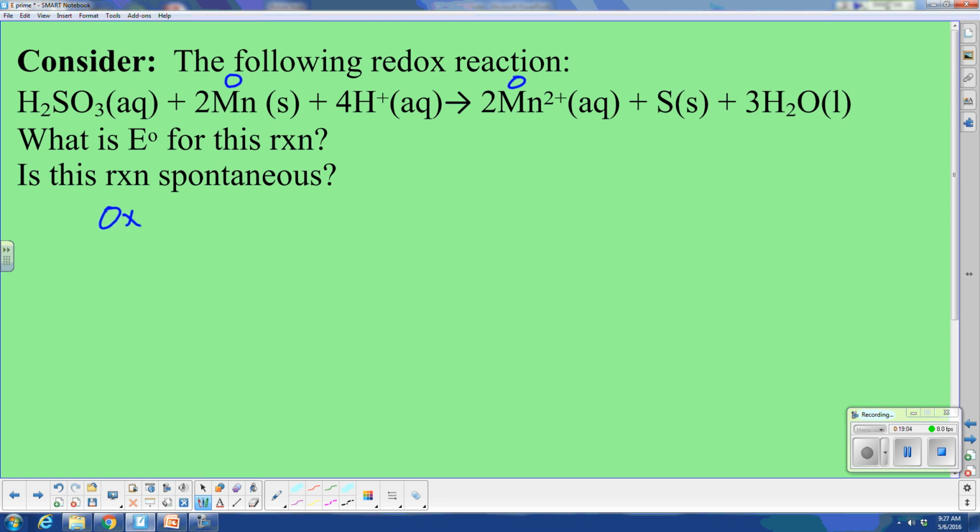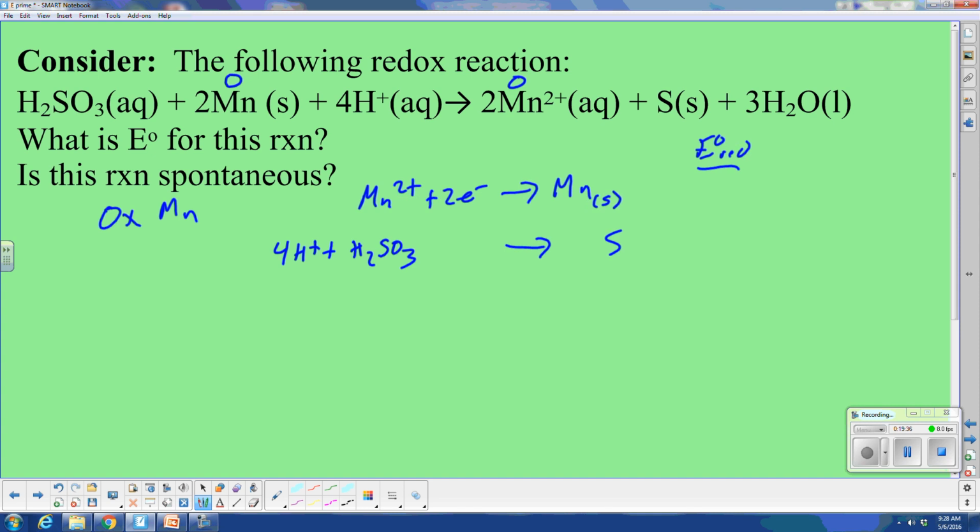So I have manganese oxidizing, and the reduction reaction is going to be manganese 2 plus plus 2 electrons going to form manganese solid, and I'm going to get some kind of reduction potential over here, right? The other one's a little more complicated. It looks like what's left is 4 H pluses plus H2SO3, and that is going to go over here to some sulfur and 3 waters.